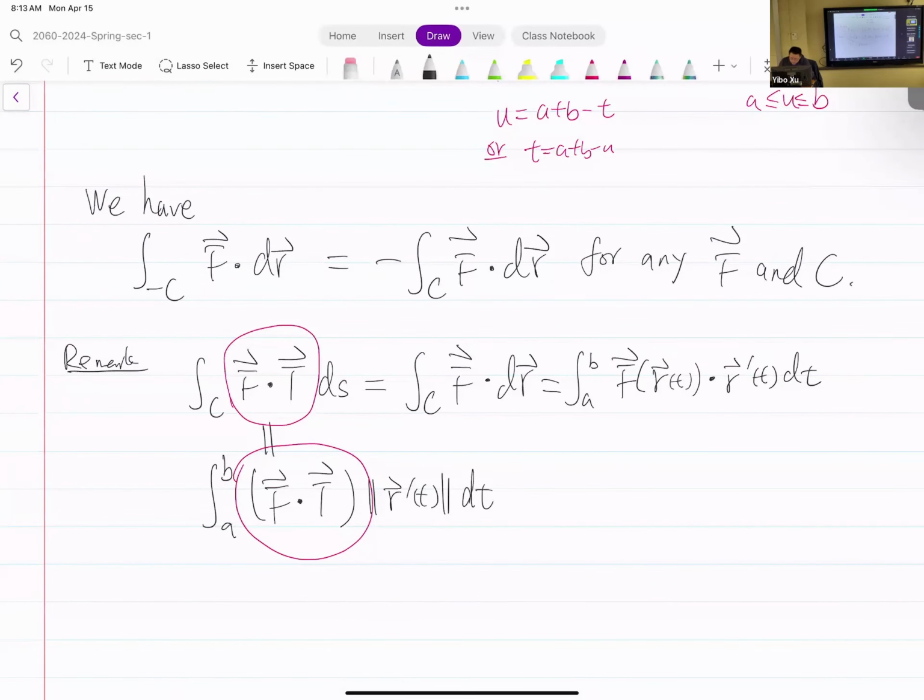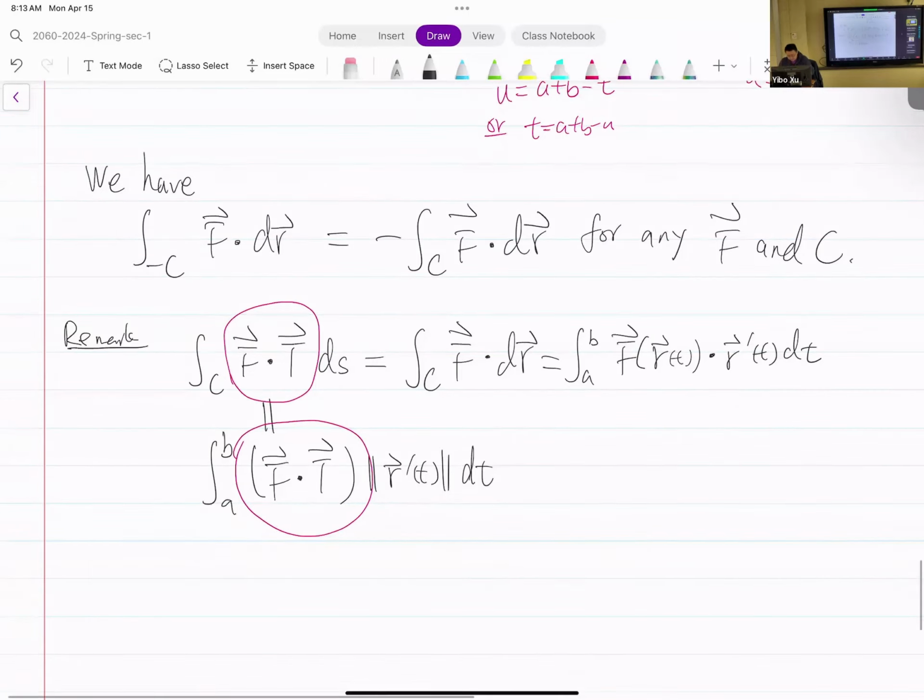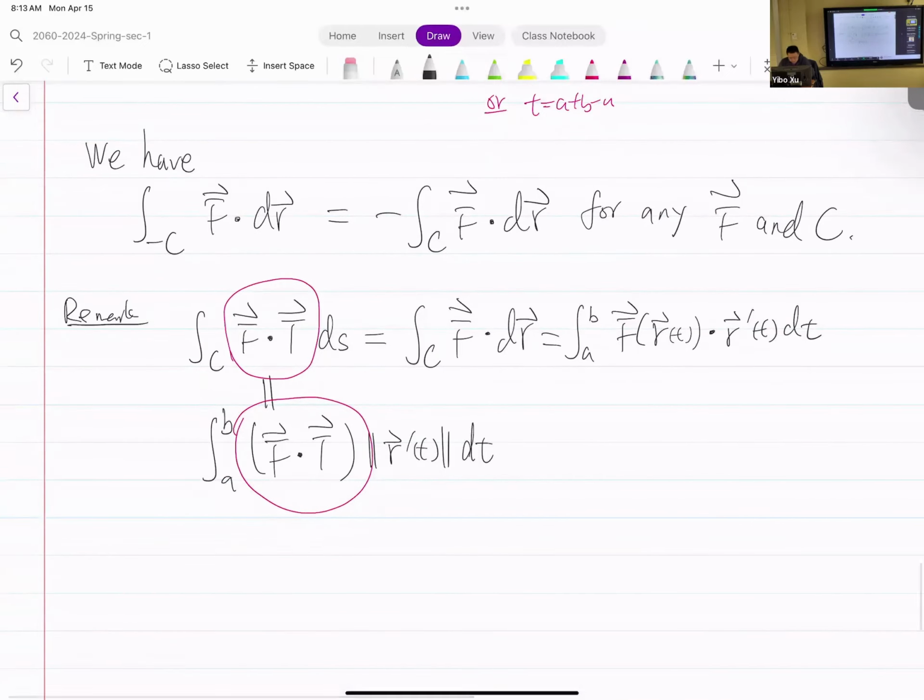But then if you think about making this scalar function just, let's say, the constant one, and then you're just integrating along the curve, which is calculating our path length, right? So basically, we can say the above line integral is actually a special case of accumulating a scalar function along the curve, accumulating with respect to arc length.